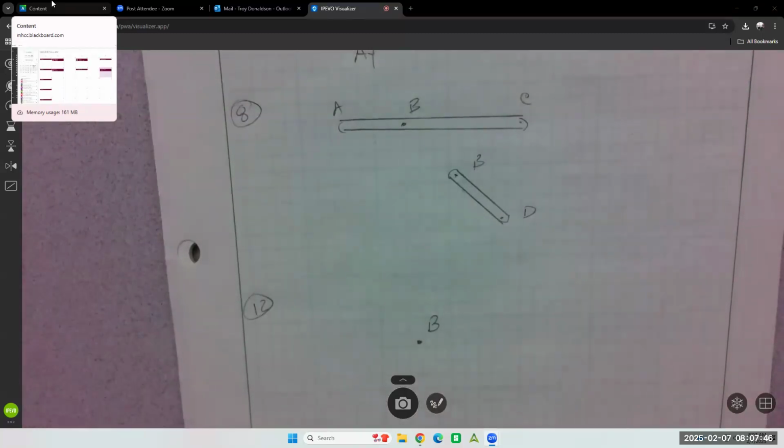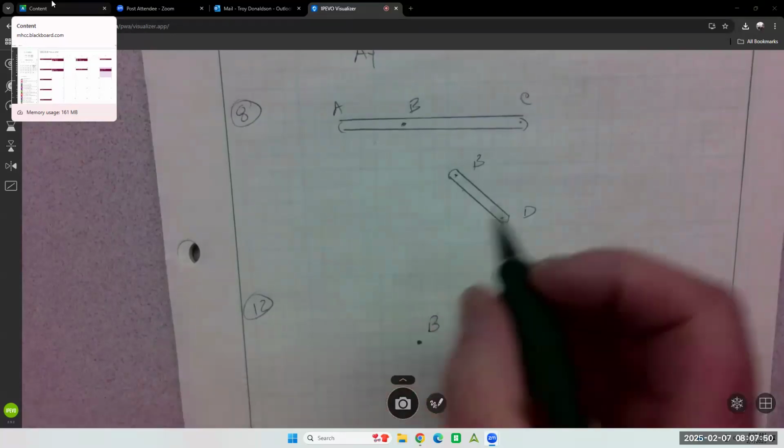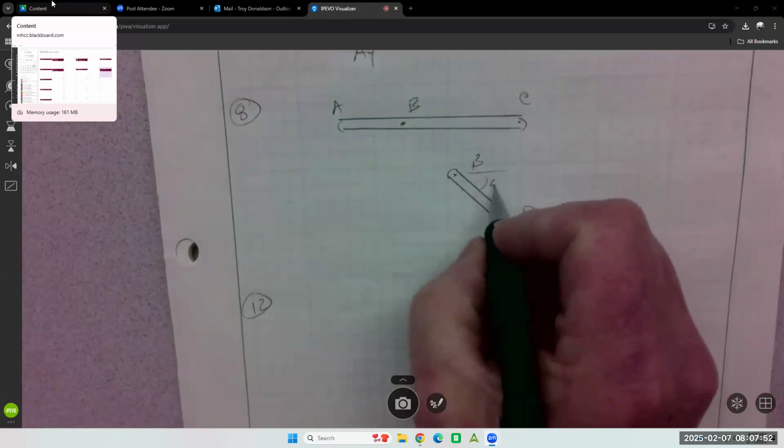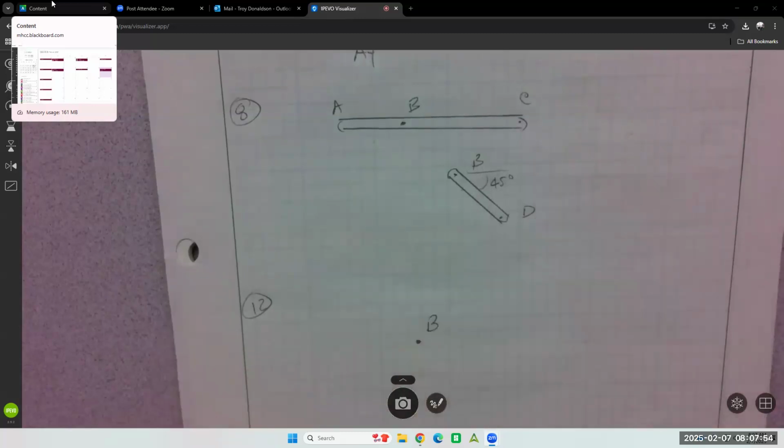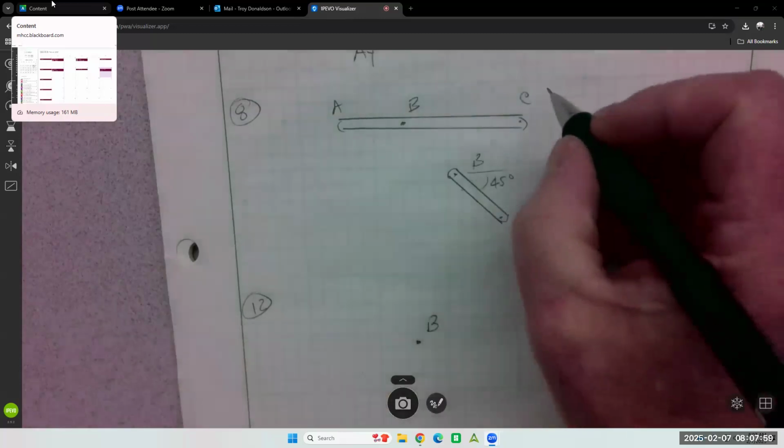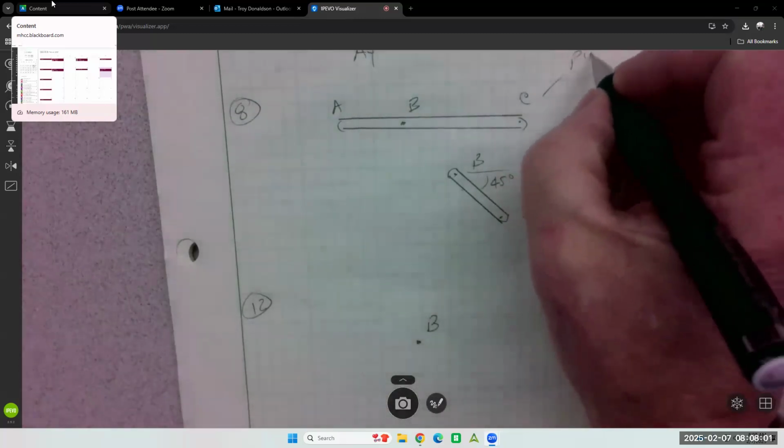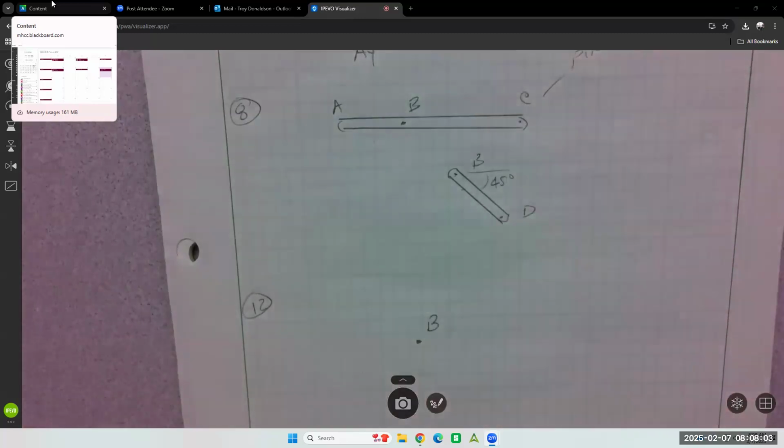We would include all the dimensions. They didn't give us any. We would include the angle 45. There's a pin at C, a pin at B, a pin at D. A lot of pins. There's some external forces, so we need those on there.